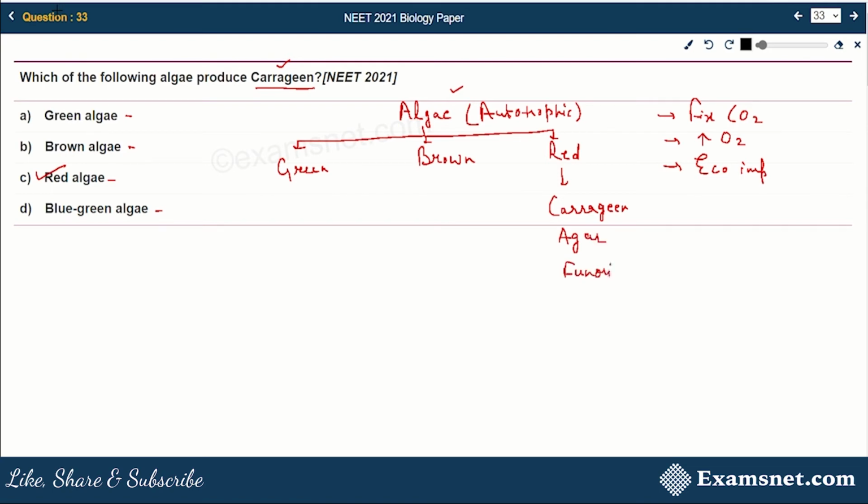The cell wall of brown algae contains algin, which is also an economically important substance. What does green algae have in their cell wall? They are composed of cellulose and pectin. Now, blue-green algae have mucopeptides in their cell wall.